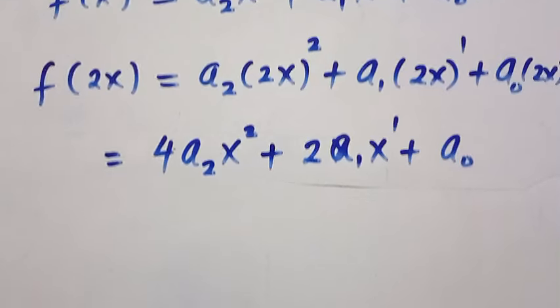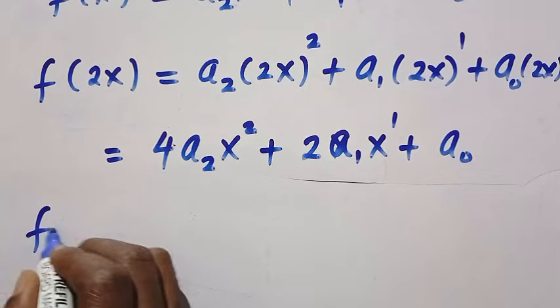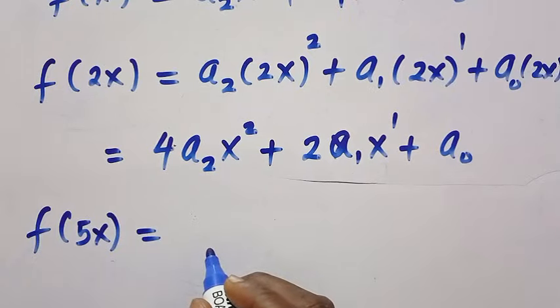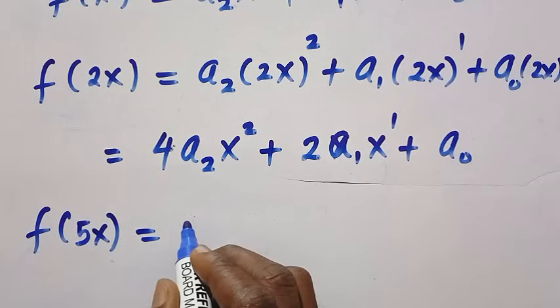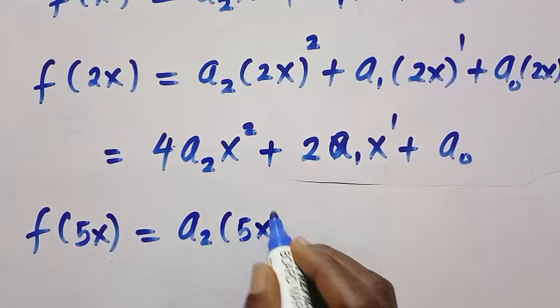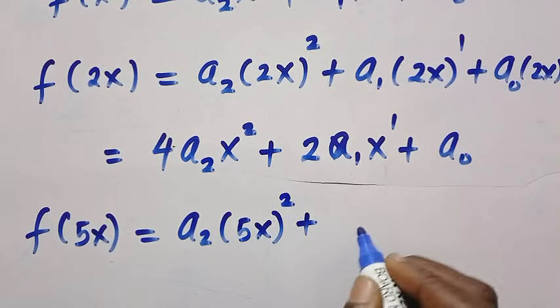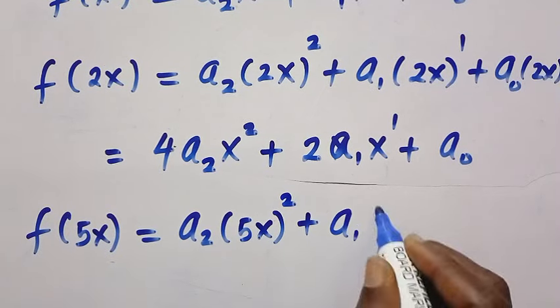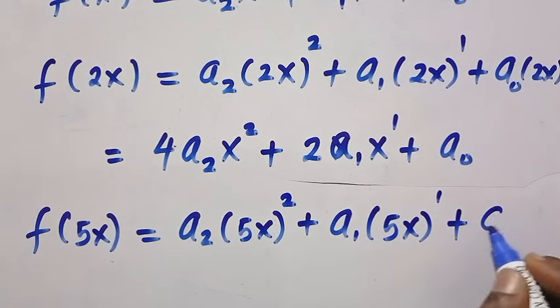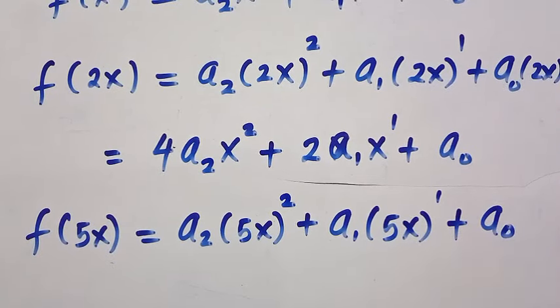So this is what we have for f of 2x. Then let's find f of 5x. Repeating the same process, we have f of 5x equals a2 into bracket of 5x raised to the power 2, plus a1 into bracket of 5x raised to the power 1, plus a0.